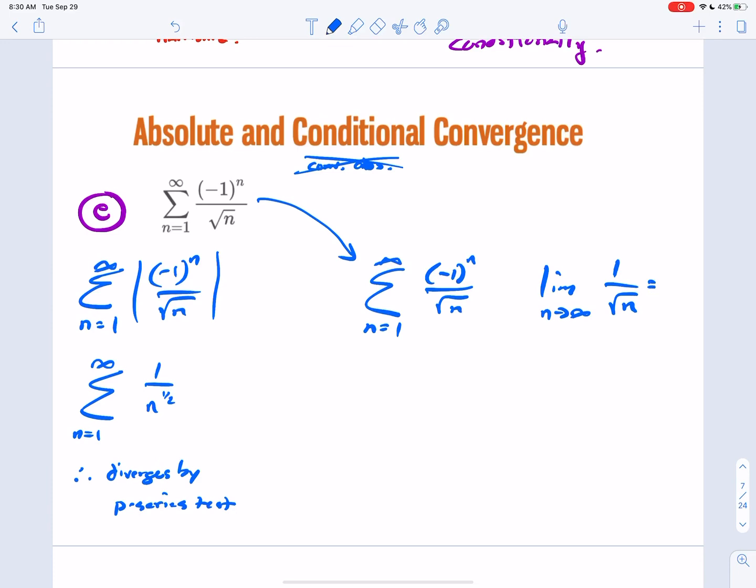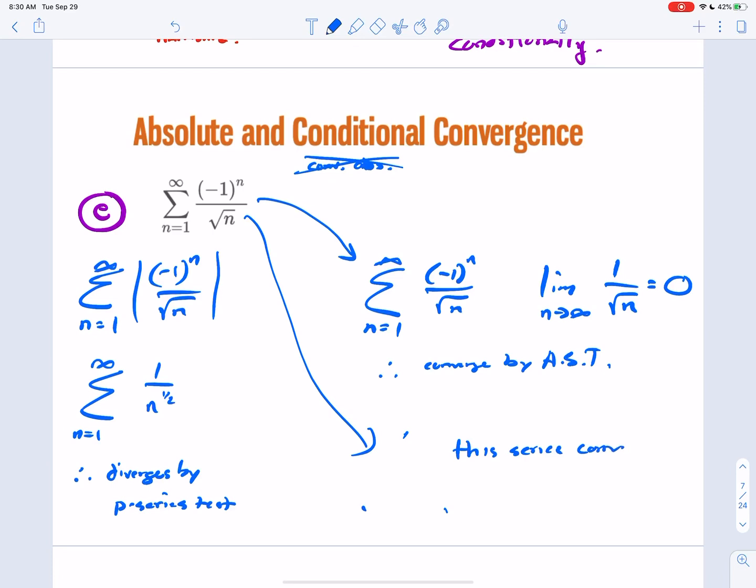That there will go out to 0 since the bottom gets larger faster, which tells me that here, this will converge by the alternating series test. So therefore, this series converges only conditionally, but not absolutely.